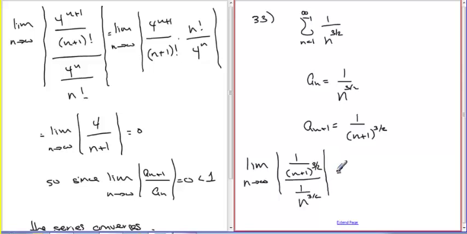So you take the reciprocal, so what we're going to get is n to the 3 halves divided by n plus 1 to the 3 halves.